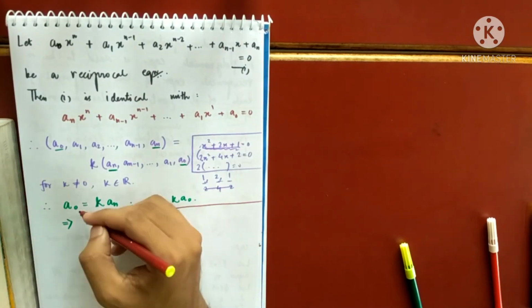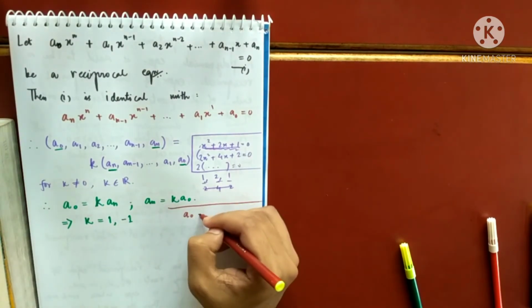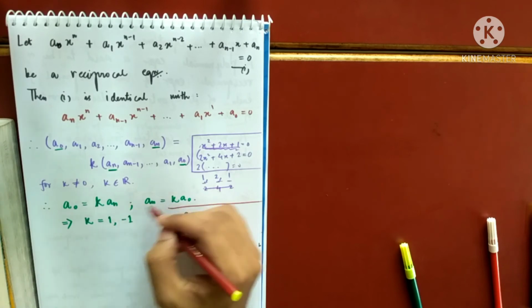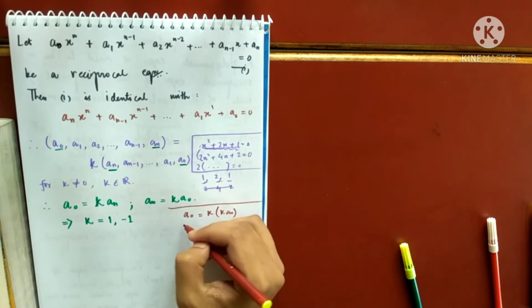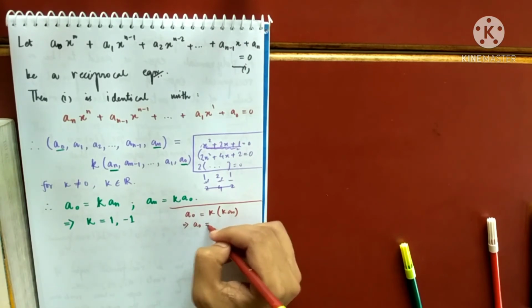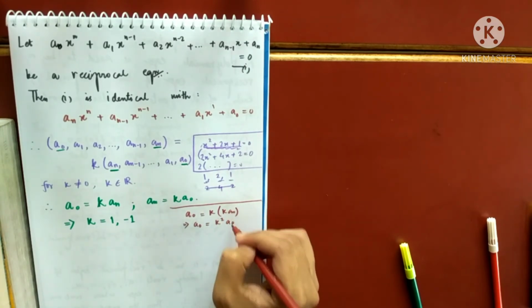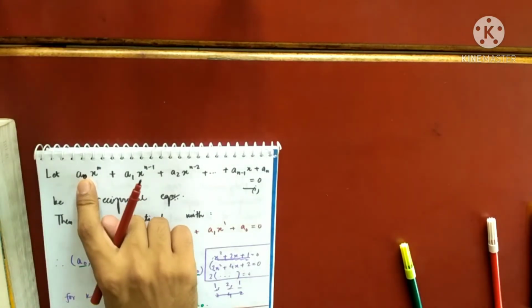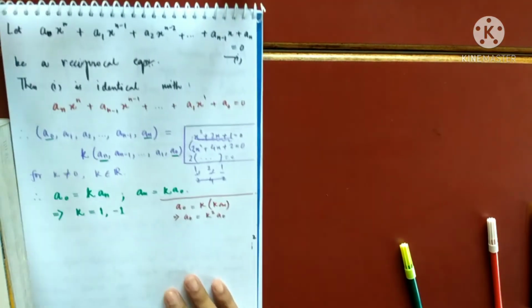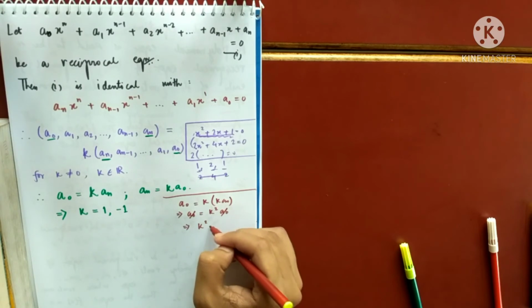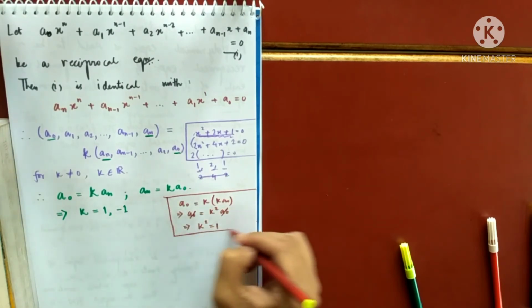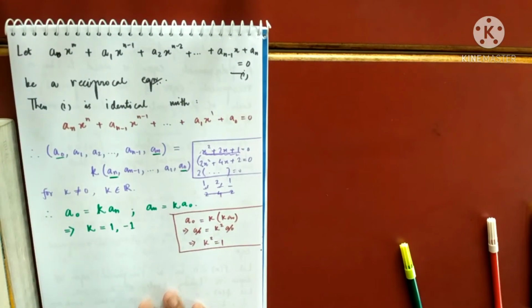See, a0 equals k times an. What is an? It is k a0. So this implies a0 equals k square a0. Definitely a0 cannot be 0, so I can cancel a0 from both sides. What am I getting? k square equals 1. So k square equals 1 means k can be either 1 or minus 1.